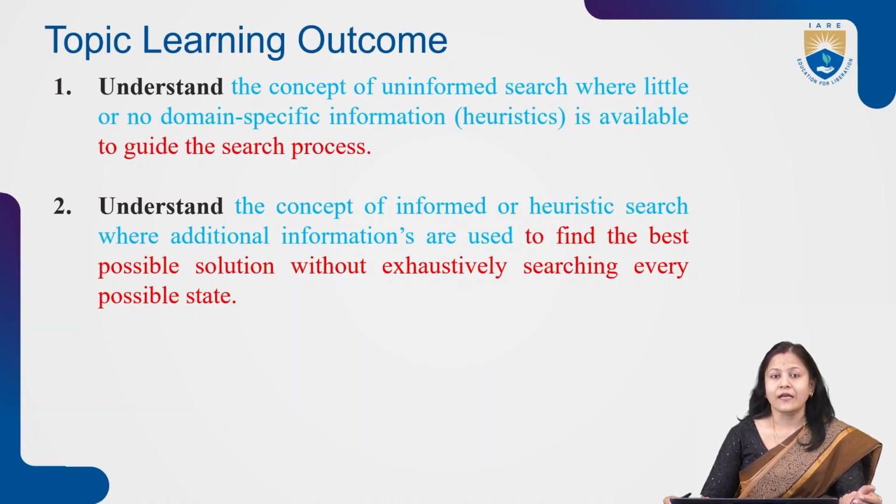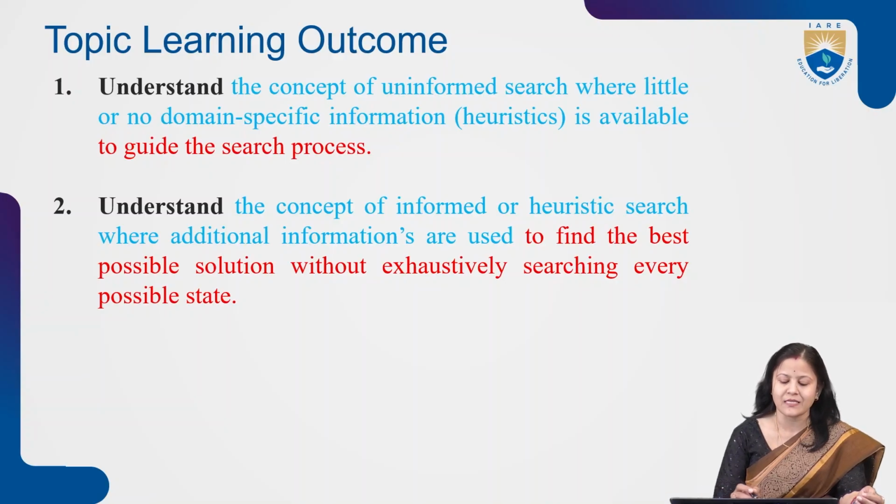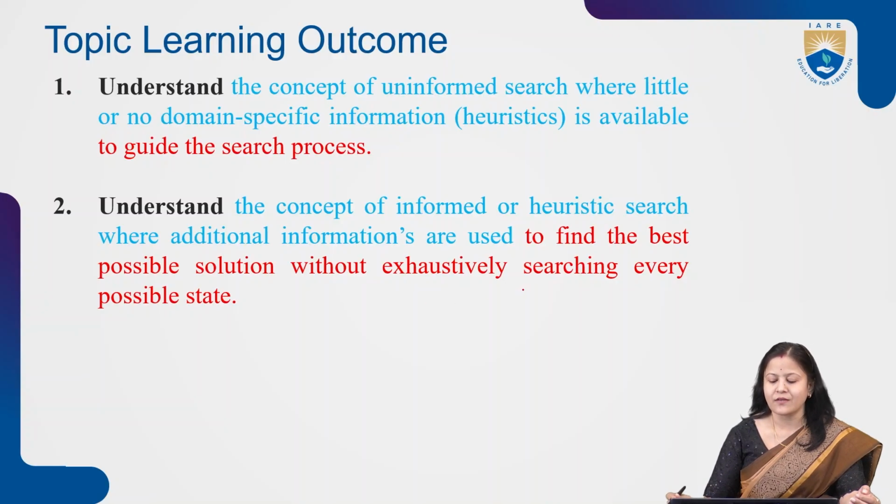The second one is related to informed search. After the completion of the topic informed search, students can understand the concept of informed or heuristic search, where additional information is used to find the best possible solution without exhaustively searching every possible state.